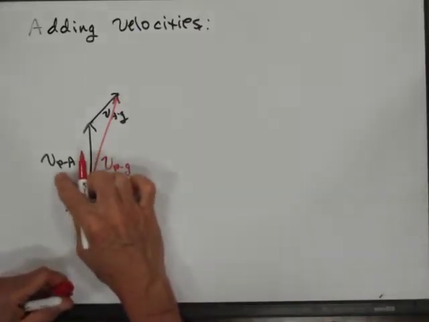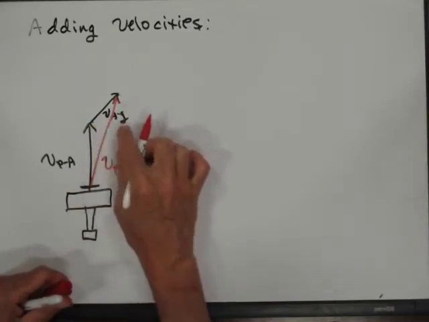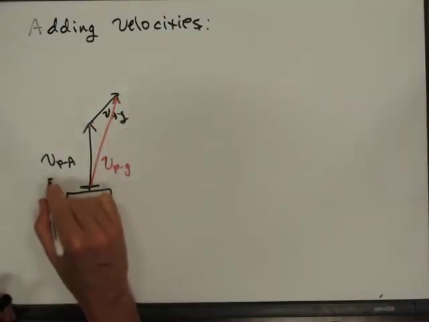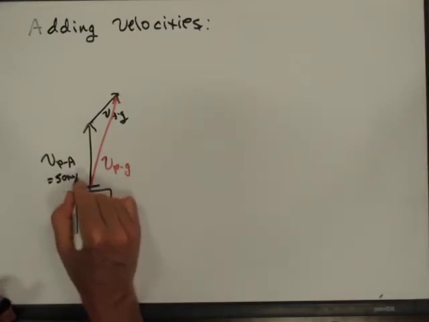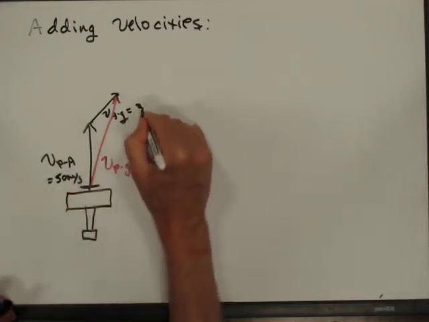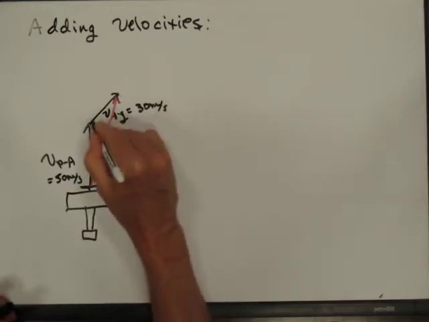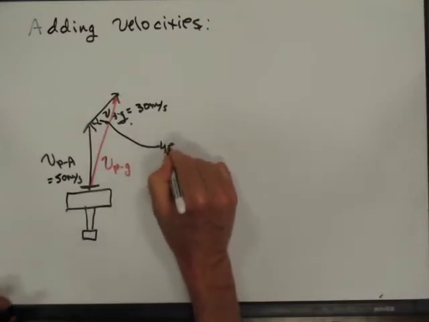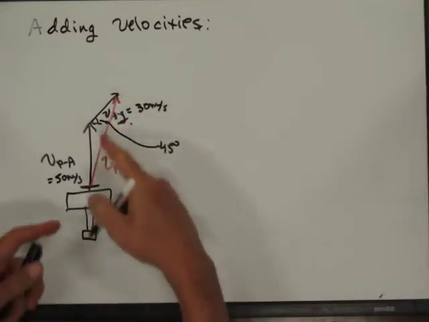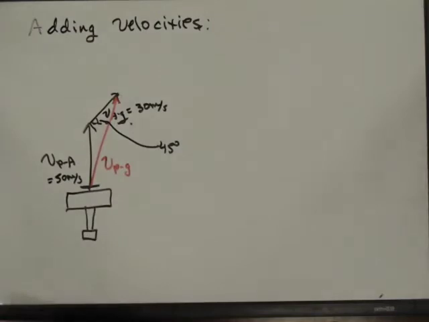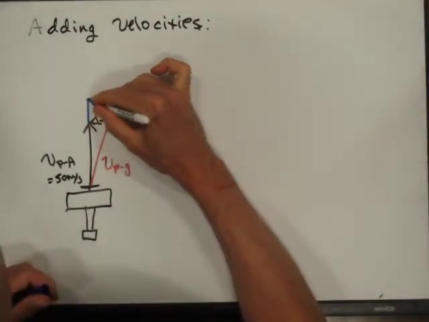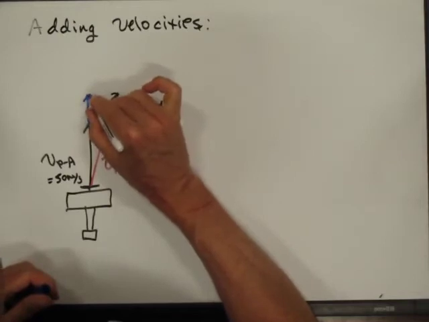It's the sum of the velocity of the plane relative to the air plus the velocity of the air relative to the ground. If I use the same numbers I did, this is 50 meters per second, and this one is 30 meters per second. And if I assume that this angle is 45 degrees, then I can figure out what the red one is, right? If I draw, let me just draw these guys in blue here.